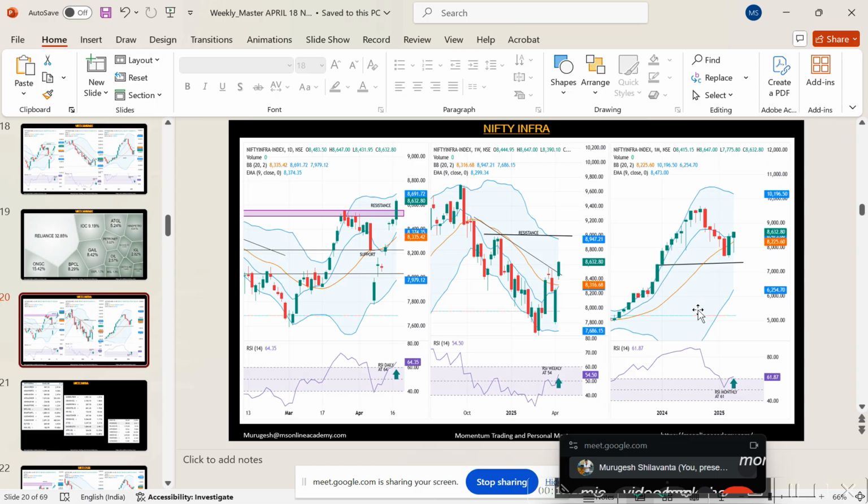The best thing is that it is above 60 in monthly, with a trendline breakout in weekly also. We can check, but we still have resistance at weekly RSI 60. Let's see how it behaves in the coming week.